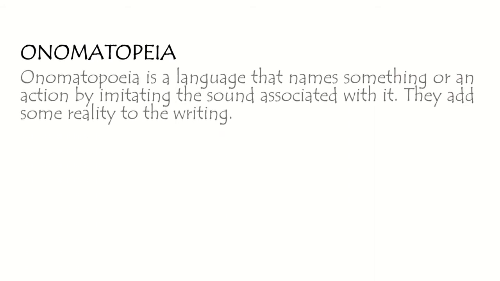Now, let us talk about onomatopoeia. Onomatopoeia is language that means something or an action by imitating the sound associated with it. So remember that onomatopoeia is one of our sound devices that we use to add some sort of reality in our writing.